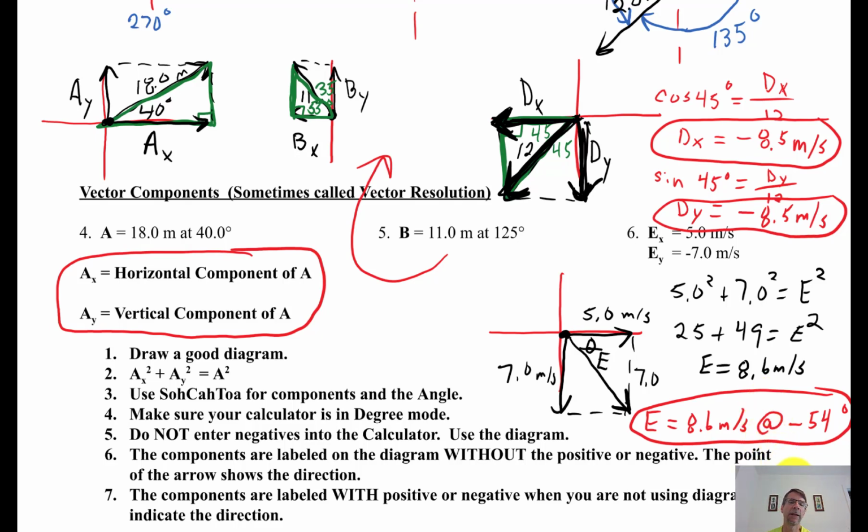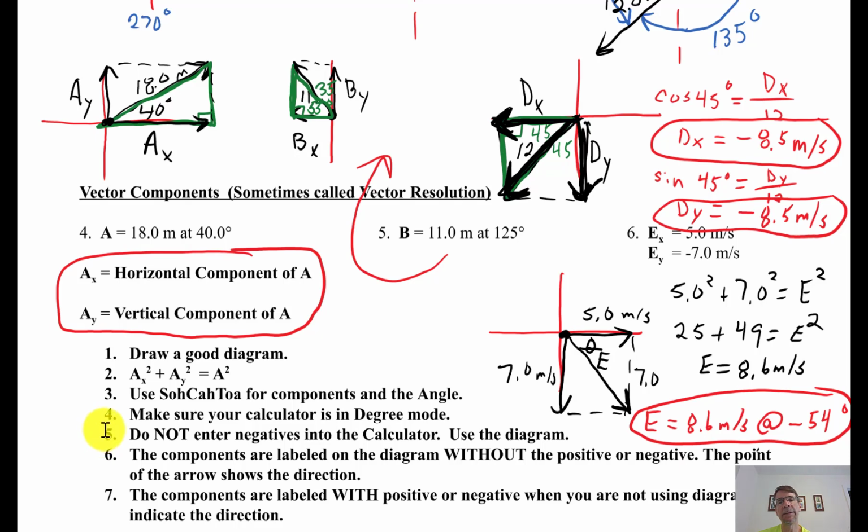So there we go. All right, to summarize, drawing vectors: draw a diagram, use Pythagorean theorem like we just did to figure out the vector if you know the components. Use SOHCAHTOA as we did to figure out the components or the angle. Make sure your calculator's in degrees. That's point number 4. Number 5, in the calculator, don't put negative numbers in there.